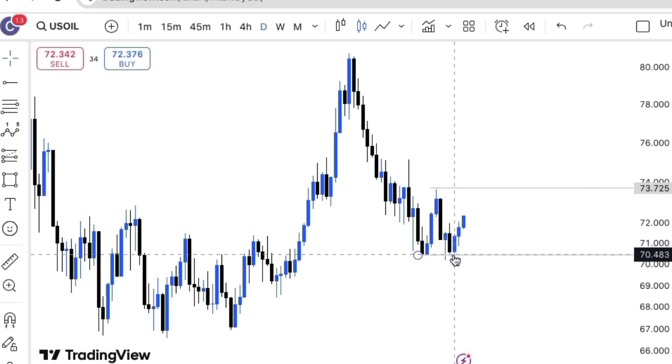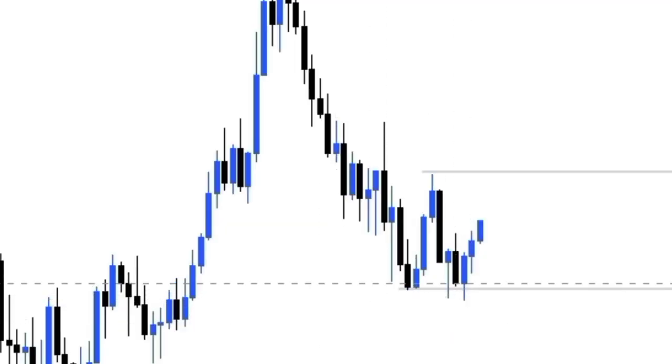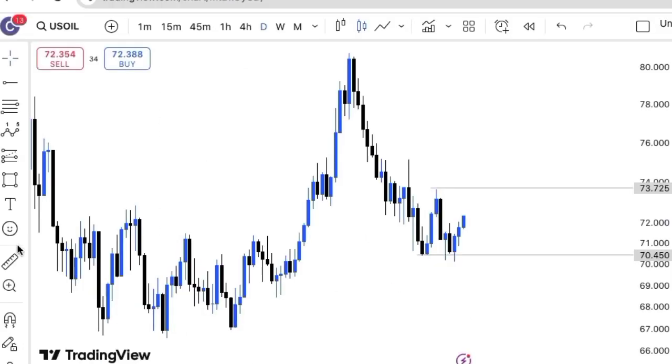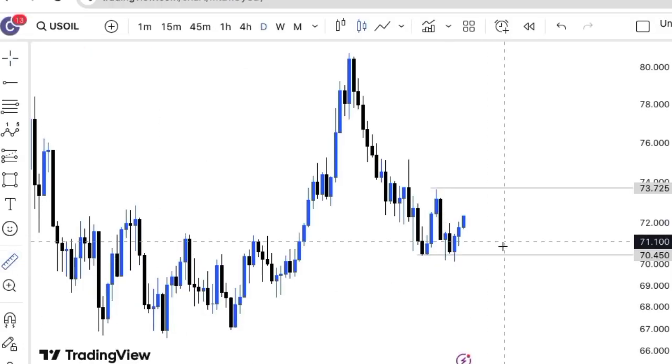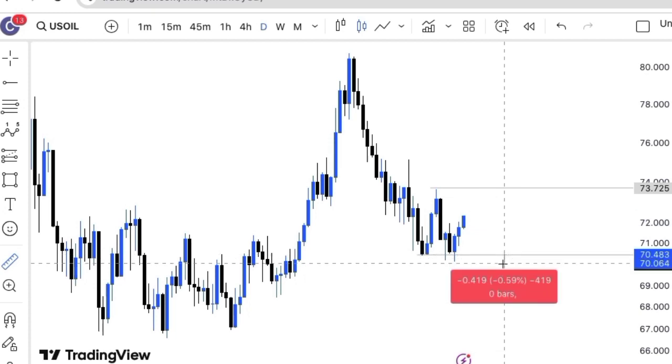So on Sunday, this market opened. Of course, the market opened here. So if the market opened here and later pushed down to this place, you see that the drawdown is not going to be much, which is why I don't use a stop loss.